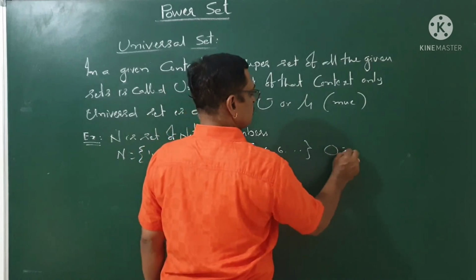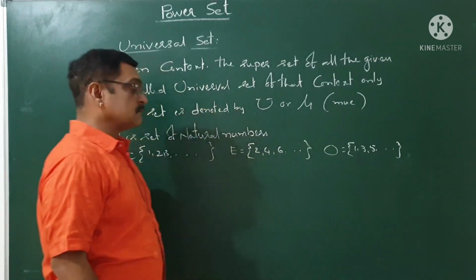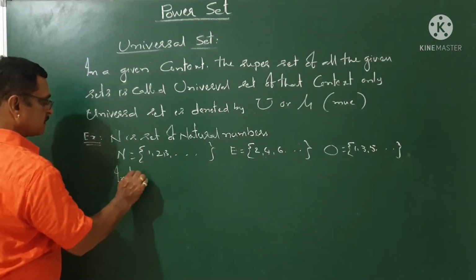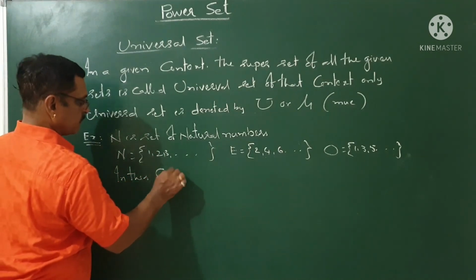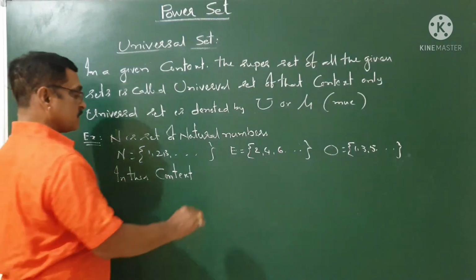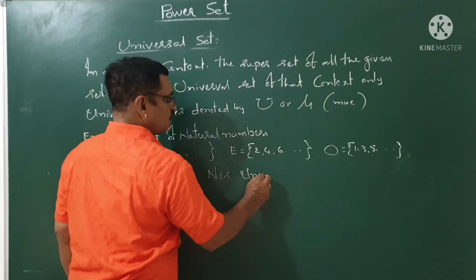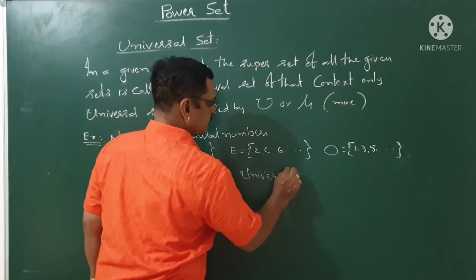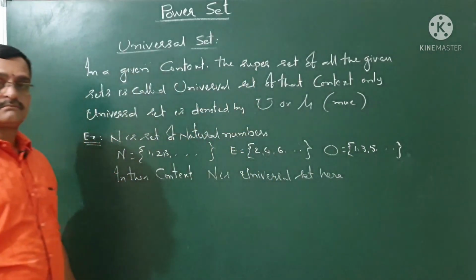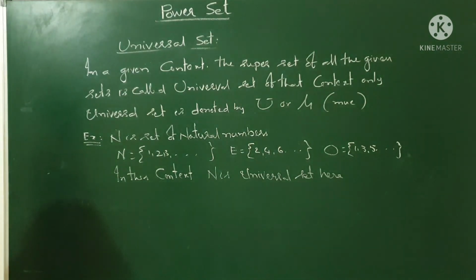Odd numbers: 1, 3, 5 and so on. Now here in this context, N is a superset, therefore N is the universal set here. Suppose you are discussing, okay, this example is enough. Please take down.